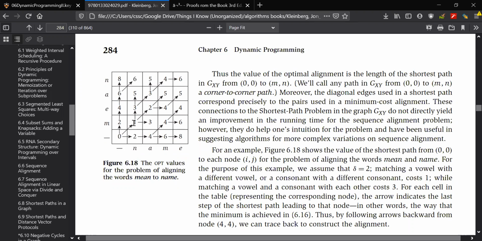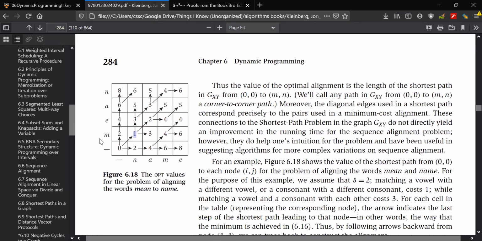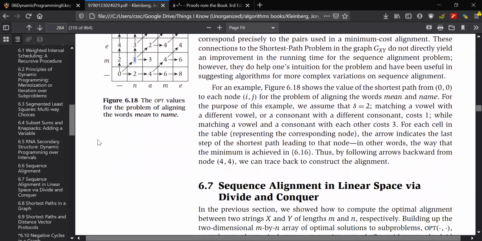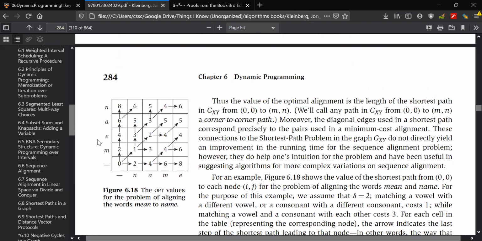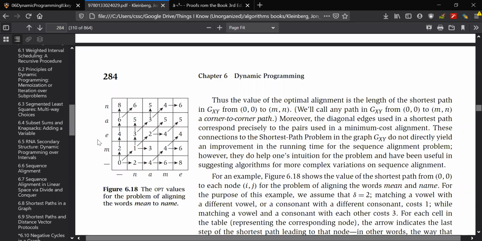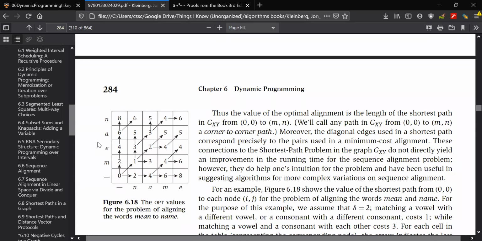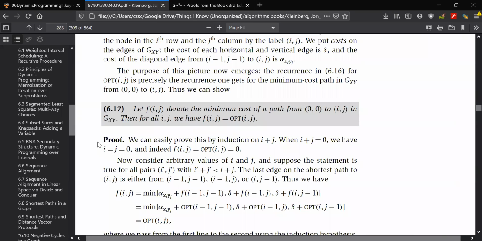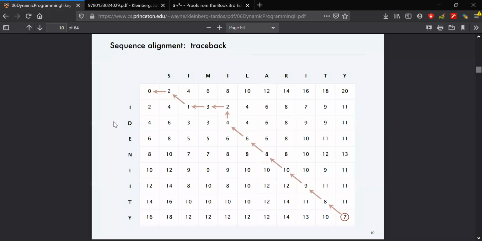So if you are at this one entry, okay, this thing is fine.